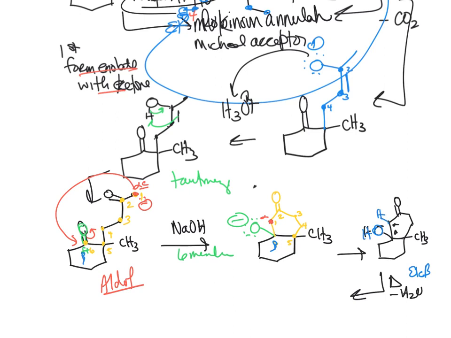So you're going to lose that hydrogen, you're going to lose water, and you're going to make an alpha-beta unsaturated product. There's your alpha, there's your beta. So there's your double bond. Okay? And that is the Robinson annulation. So let's review.